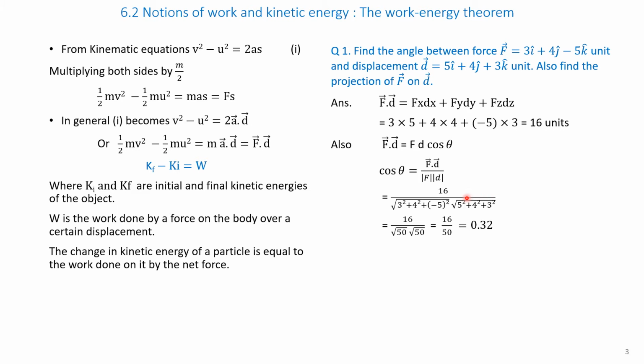Simplifying, we get 16 divided by root 50 into root 50, that is 16 by 50, equal to 0.32. Therefore, theta is equal to cos inverse of 0.32. That is the answer.